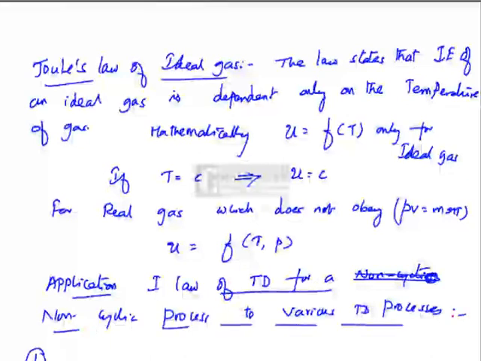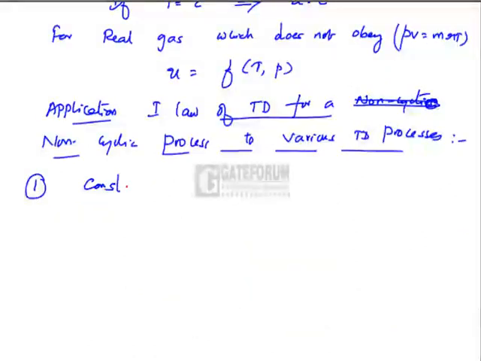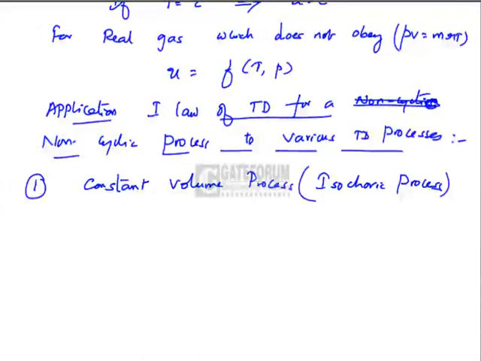Very first process we consider is constant volume process, also known as isochoric process.